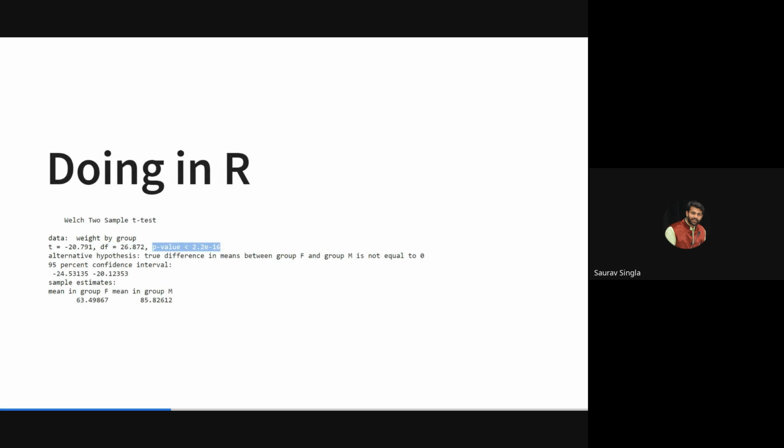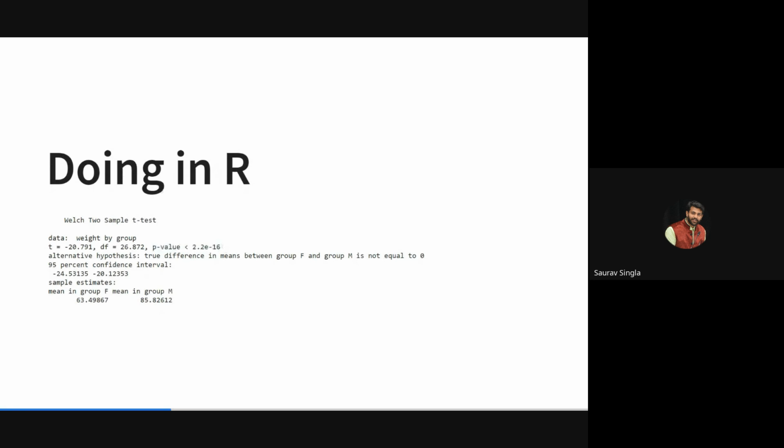So it actually means 0.00000, like that, 16 zeros, then 2. That is the meaning. So the p value is very, very small, and the computer could only calculate it up to an accuracy of 16 places.